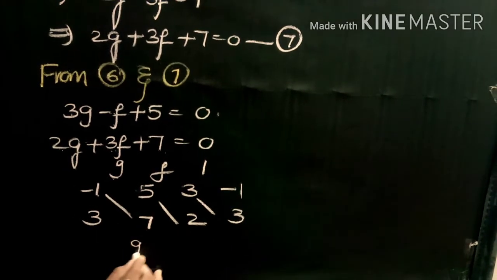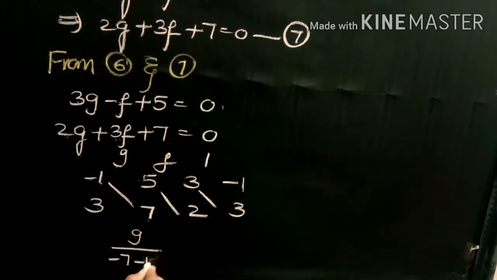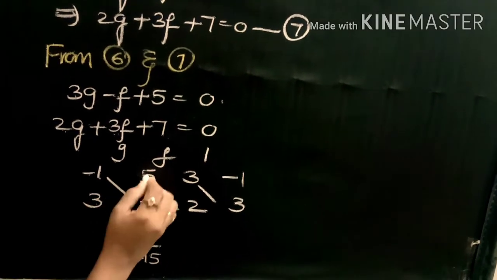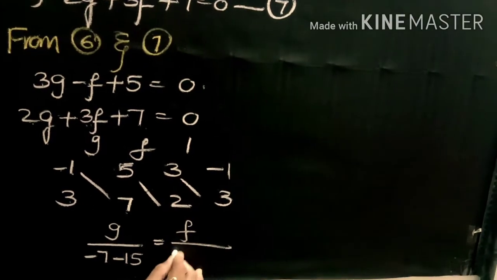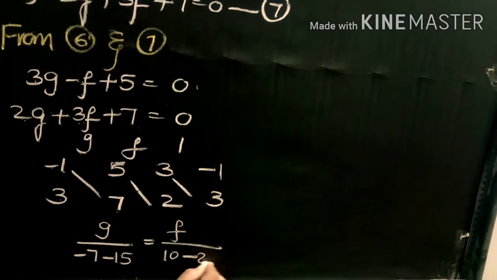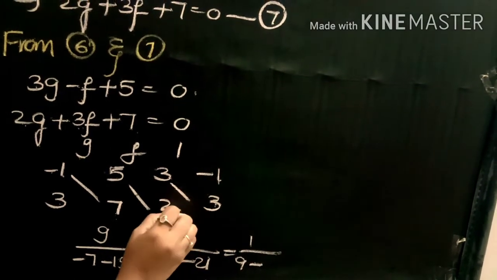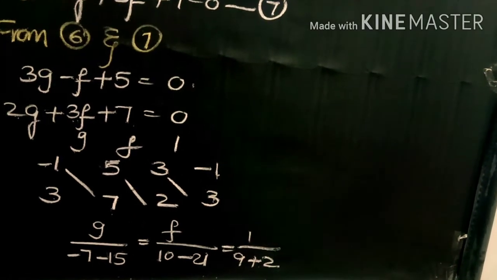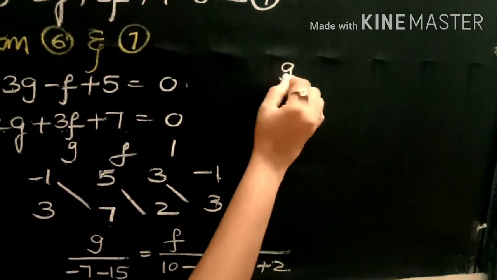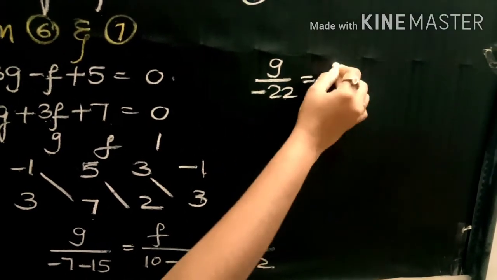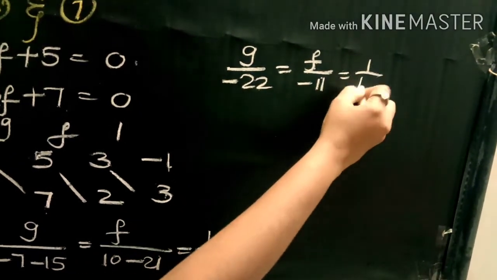Now applying the cross product rule: minus 1 into 7 is minus 7, minus 3 into 5 is minus 15, giving minus 22. Then 5 into 2 is 10, minus 7 into 3 is 21, giving minus 11. Then 3 into 3 is 9, minus 2 into minus 1 is plus 2, giving 11. So g by minus 22 equals f by minus 11 equals 1 by 11.